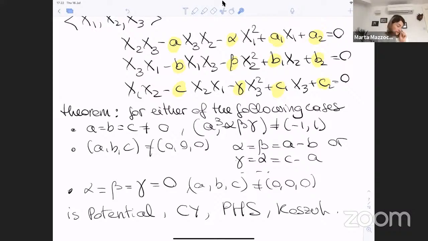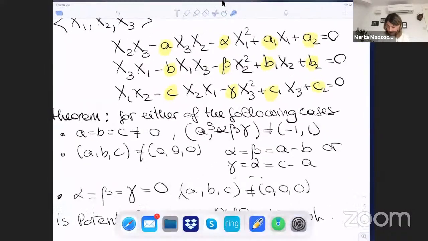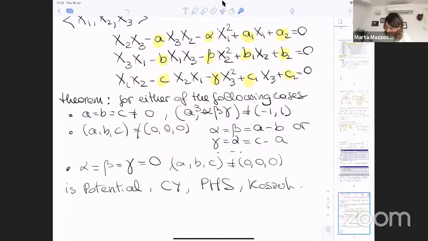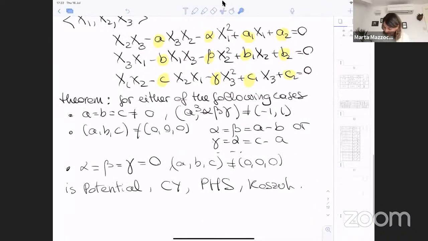So we have a table, and I would like to show you this table because it lists all this stuff. Once I show you the list, you will understand what I'm getting to.